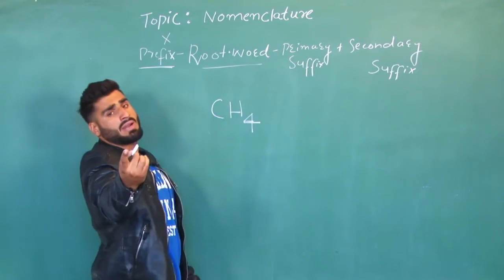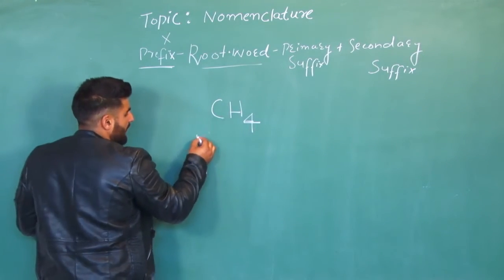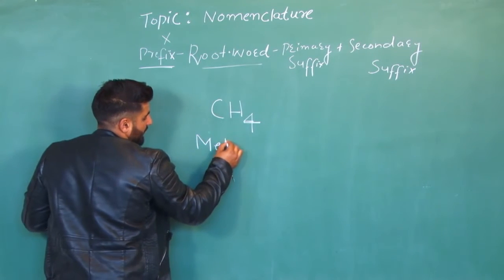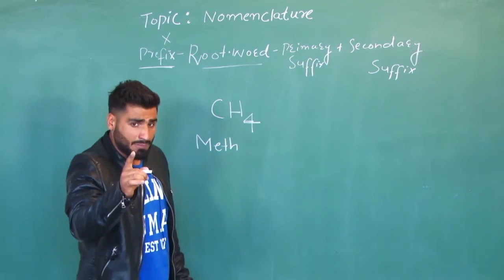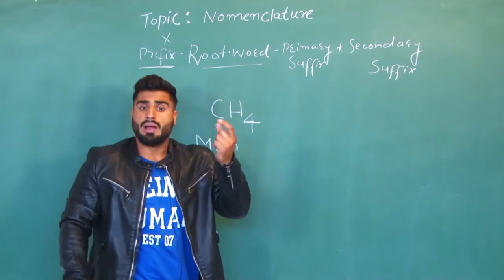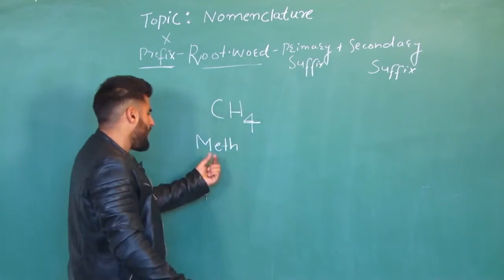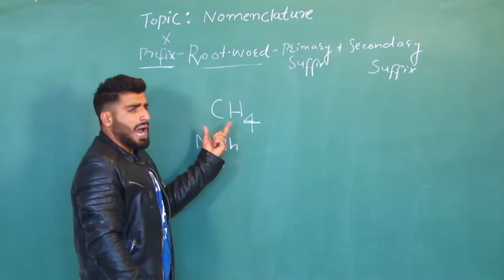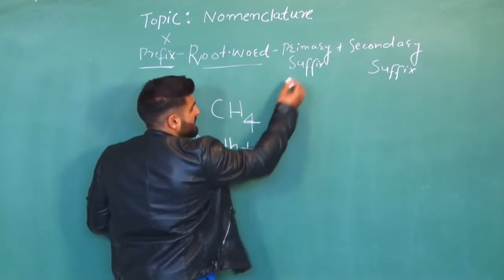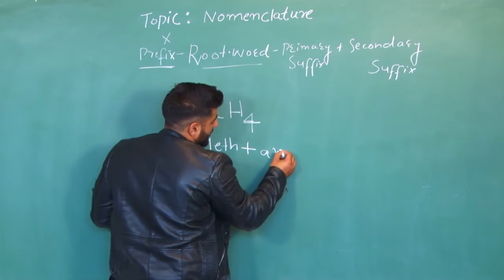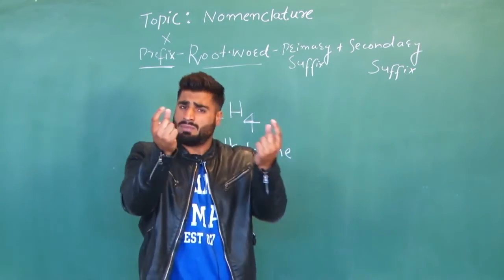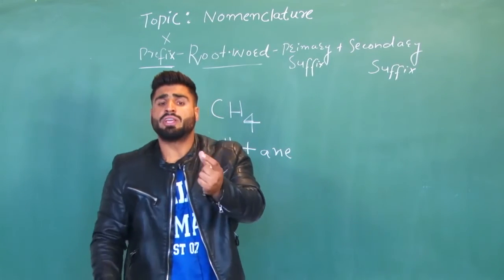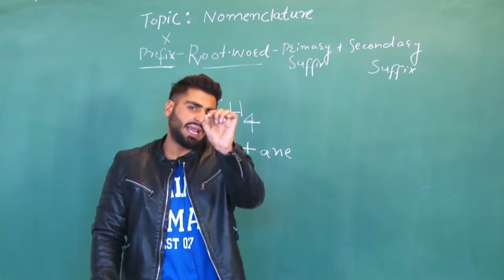For 1 carbon atom, we use the root word meth, as discussed earlier. And we have only 1 carbon, so the primary suffix will be ane. For 1 carbon atom or only carbon-carbon single bond linkages, we use the primary suffix ane.